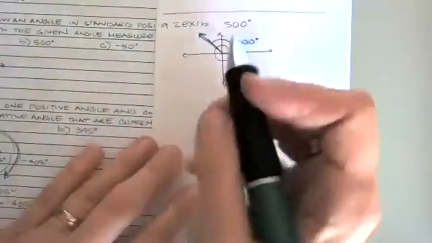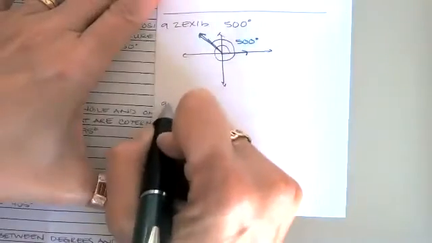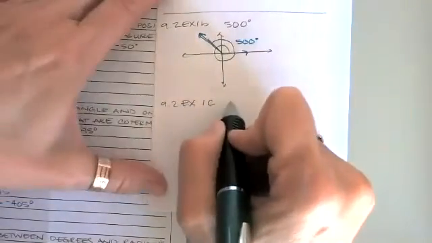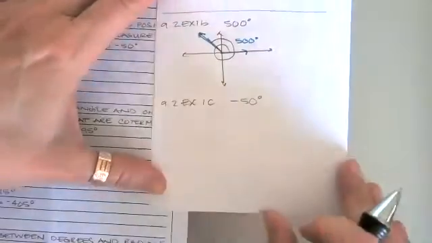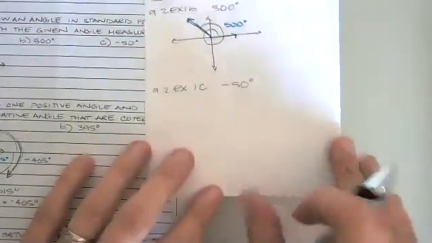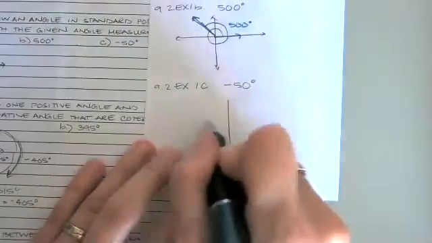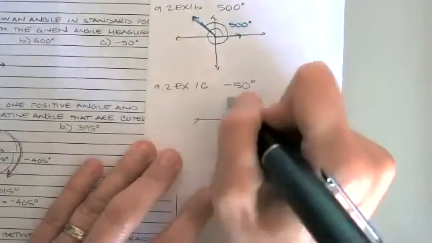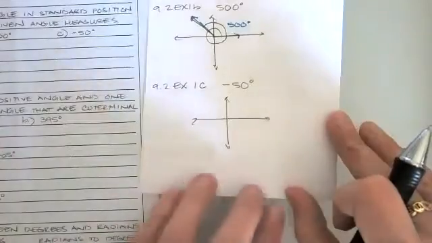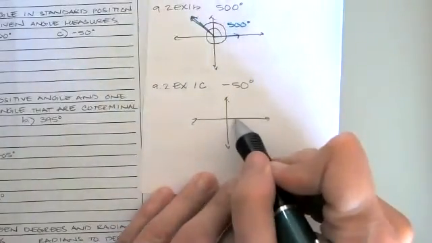Okay, so 9.2 example 1C, we have to draw negative 50 degrees. That means we're counting in the clockwise direction from the positive x-axis. Like I said, this would be 90 degrees here.